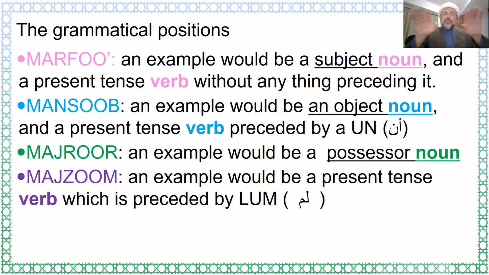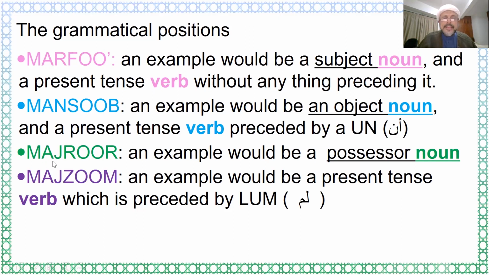So the O sound with a pink color, O sound subject, will be called marfu'. What is its grammatical position? It is marfu'. Okay, A sound, blue, object. What is it called? Mansoob, like drinking soup, but that soup is with a P, this is oob. Okay, mansoob.